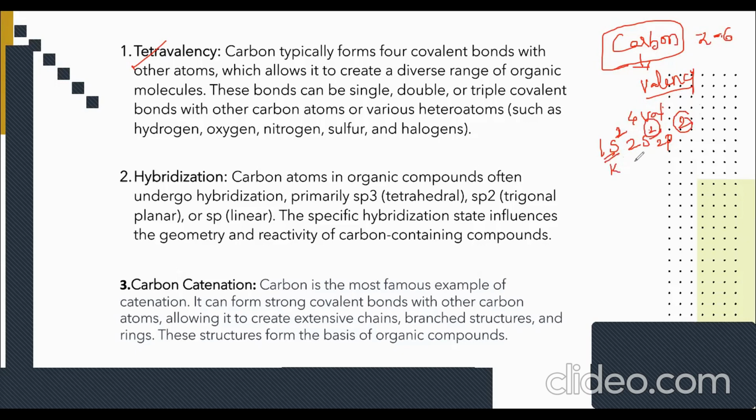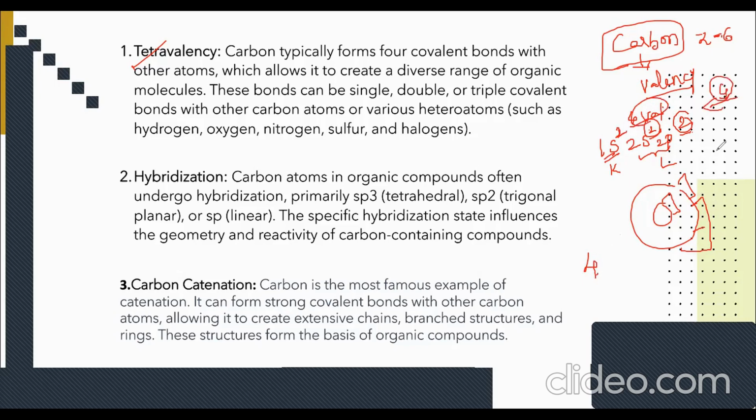You observe here, this is the K orbital and this is the L orbital, right? K contains only the s orbital and L contains s and p orbitals. So in total we get 4 valence electrons. That's why carbon shows tetravalency. Because of this tetravalency, carbon can form 4 covalent bonds, because it needs four more electrons to become stable.